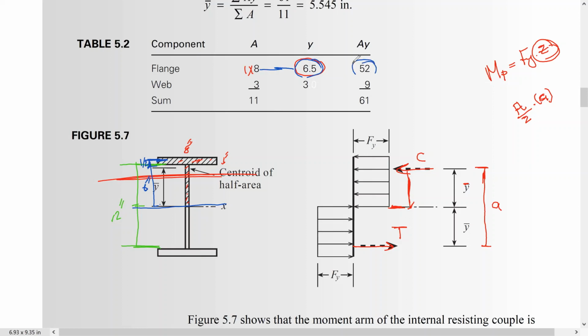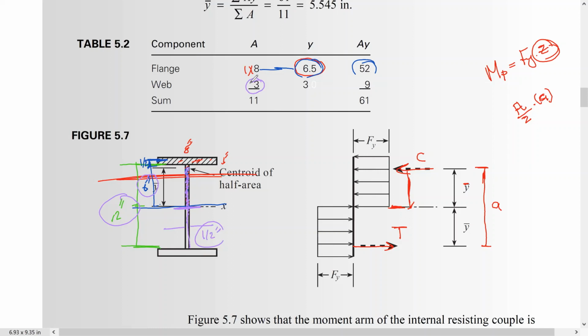For the web, the whole one was 12 and the thickness was 1/2 inch. So the area for the whole web here is 12 times 1/2, which is 6, and for half of it, 6 divided by 2 is 3, or we can say 6 times 1/2, which is 3 inch squared.